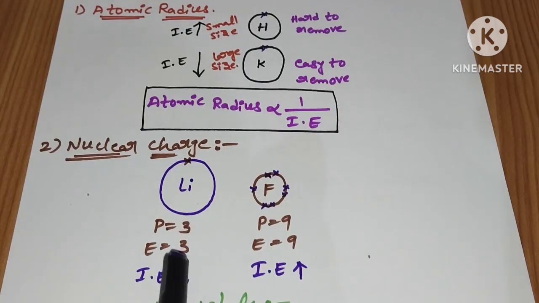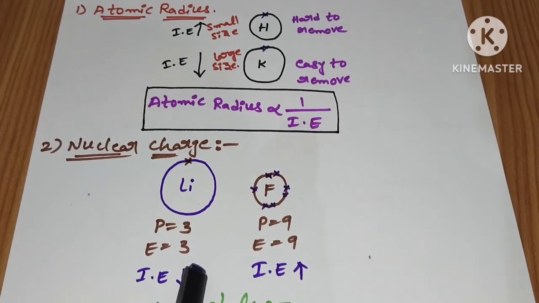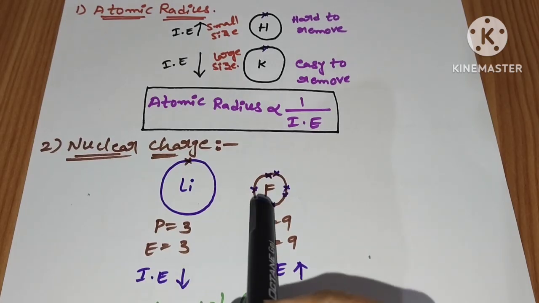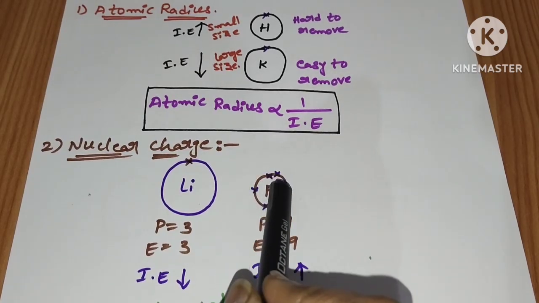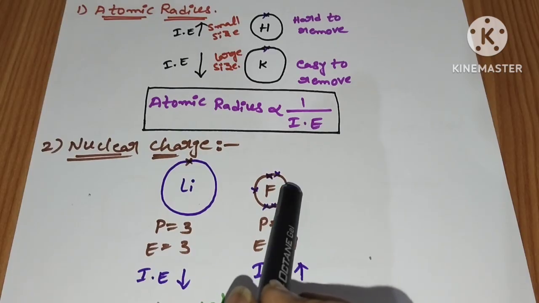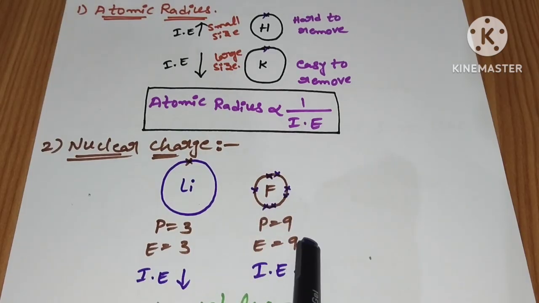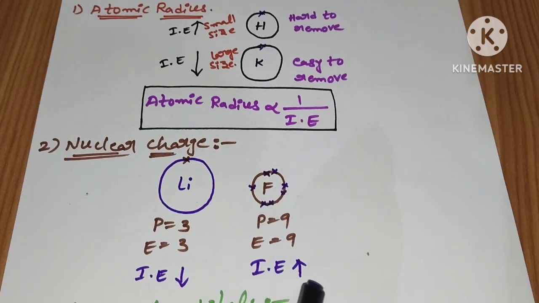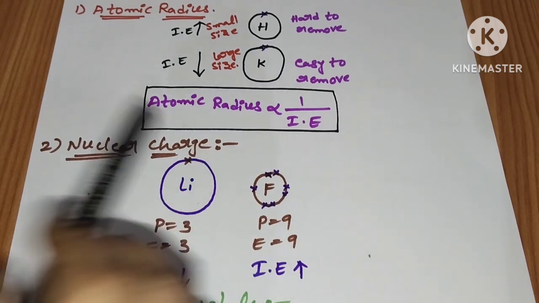So, smaller nuclear charge means smaller ionization energy, while it is very difficult to remove an electron from the fluorine atom. So, greater nuclear charge means greater ionization energy. Therefore, we said that ionization energy is directly proportional to nuclear charge.